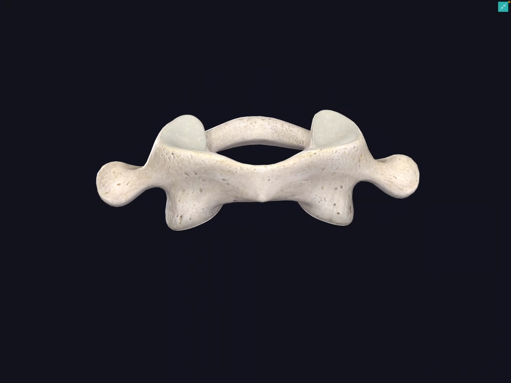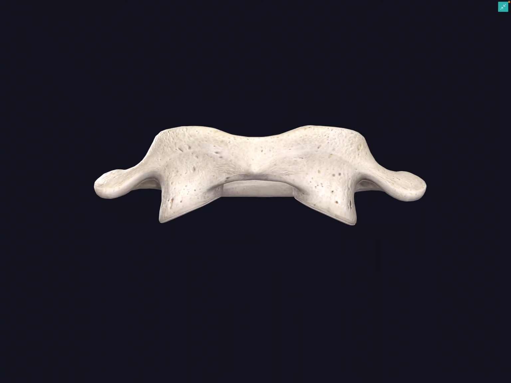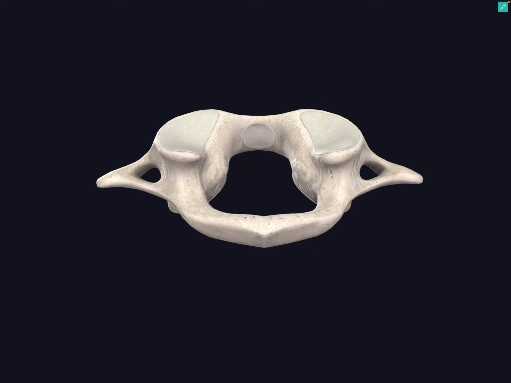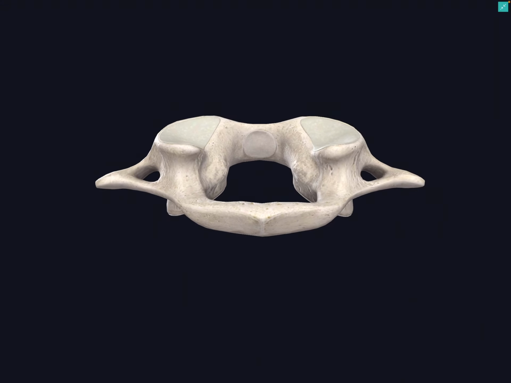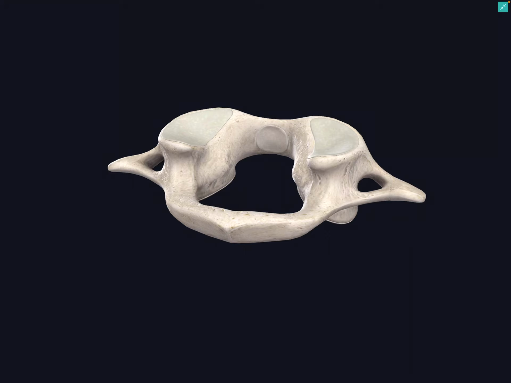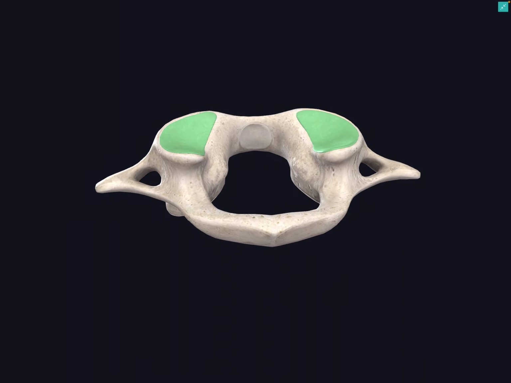Now, if we look at the anterior arch and we turn the cervical vertebra number 1 all the way round, so I am now looking at the posterior aspect of the anterior arch, and you can see that it bears a circular, rounded articular facet, which will articulate with the dens or the odontoid process of C2.